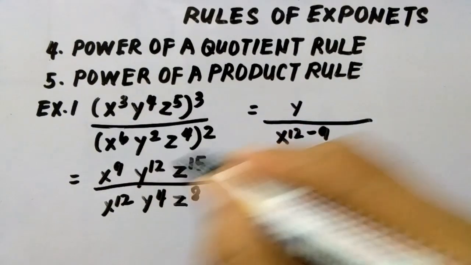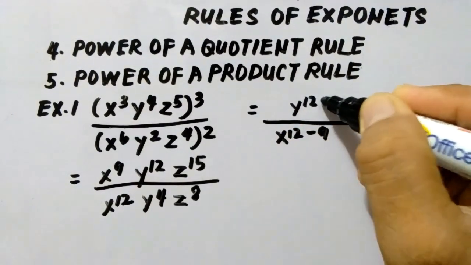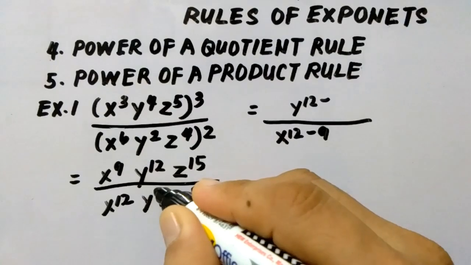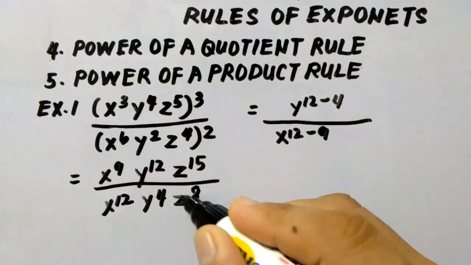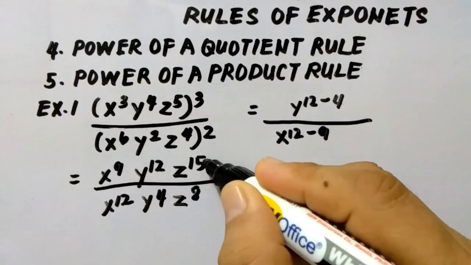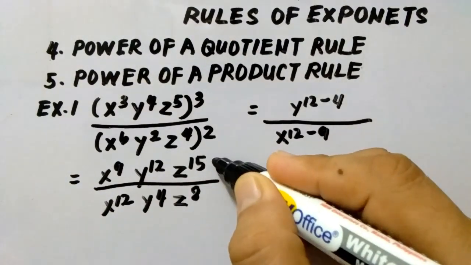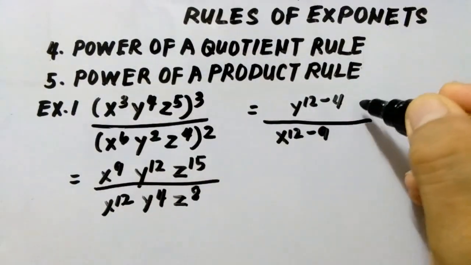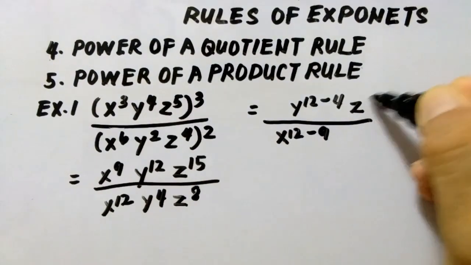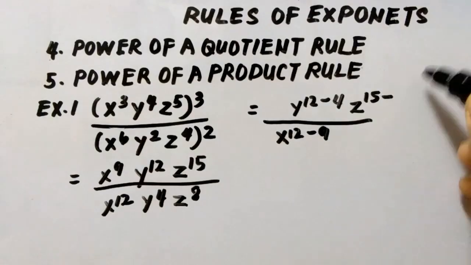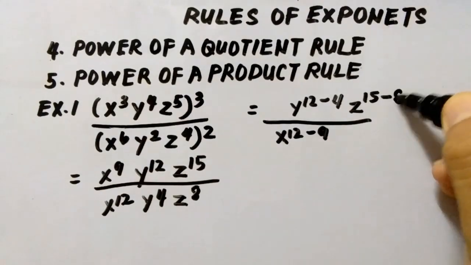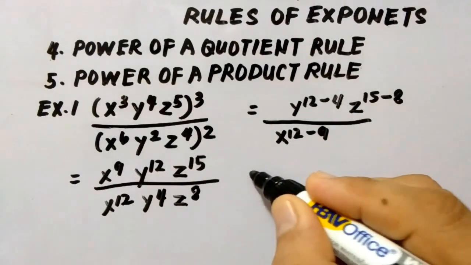So, y to the 12 minus, itataas po natin, magiging negative 4. Then, yung z, mas mababa po yung 8 kesa sa 15. So, itataas po natin yung 8. Z to the 15. Magiging negative na po yung 8. Itataas natin, minus 8.